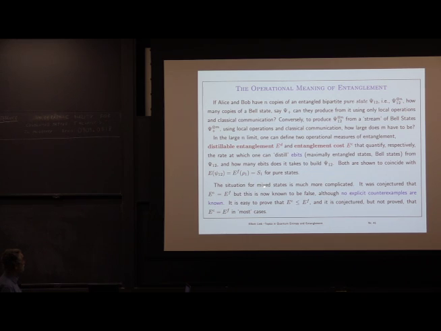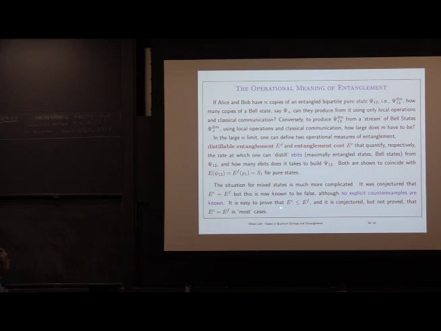that the situation for mixed states is much more complicated. It was conjectured that the entanglement cost was the same as the entanglement of formation, but this is now known to be false, although no explicit counterexamples are known. It's again one of those things. Hastings.